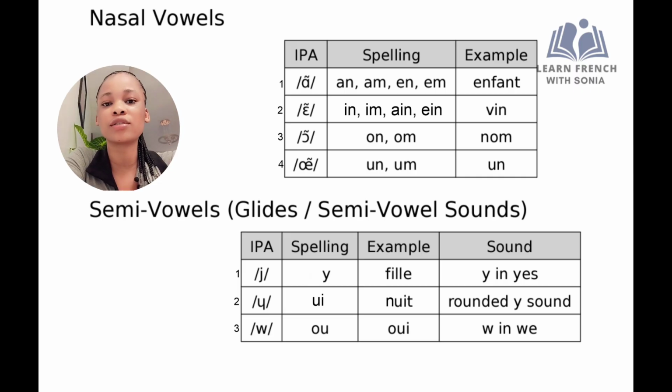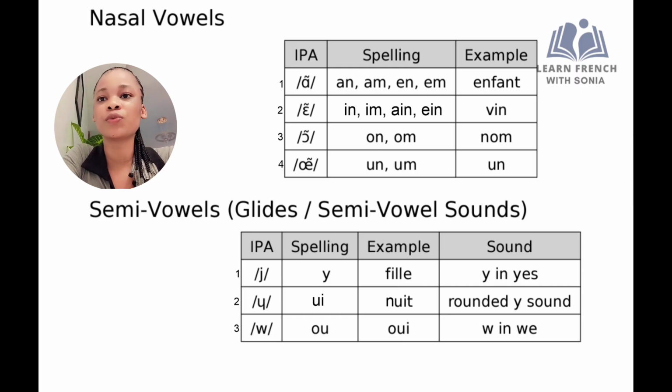Number 4 on the list of the nasal vowels, which is the last, says not on. Try as much as possible to shape your lip the way I'm shaping mine to pronounce this word. We talked about the U. Now the spelling of this is, and we have our example which says.